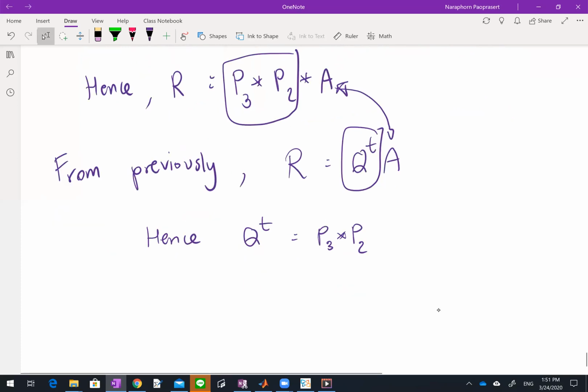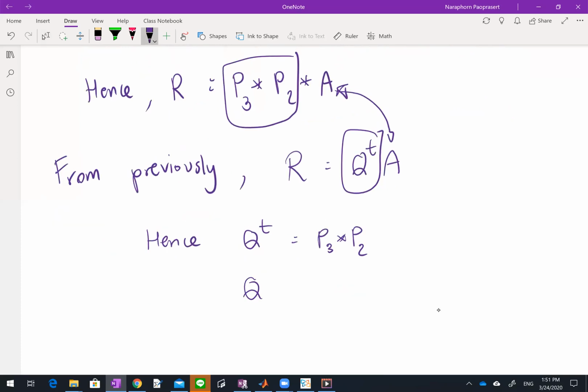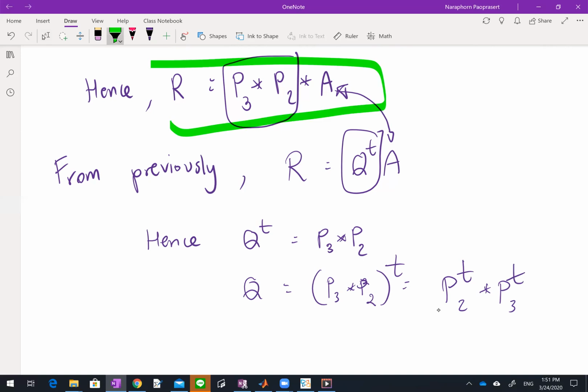That means Q is just P3 times P2 transpose, which is going to be P2 transpose times P3 transpose. Okay, so I have to put this into a box here.